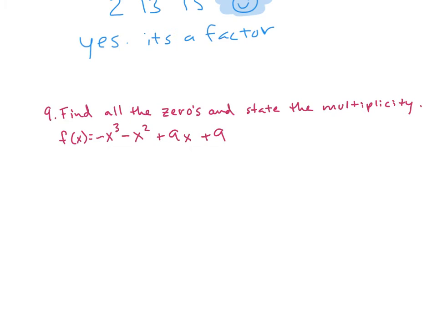What's the first thing we should always check when factoring with 4 terms? Factor by grouping. So we're going to group the first 2, and we group the second 2. What can we take out of the first 2? Negative x squared. So what are we left with?